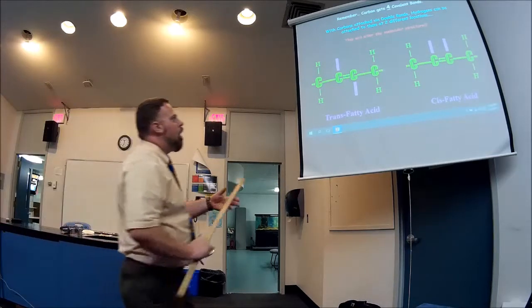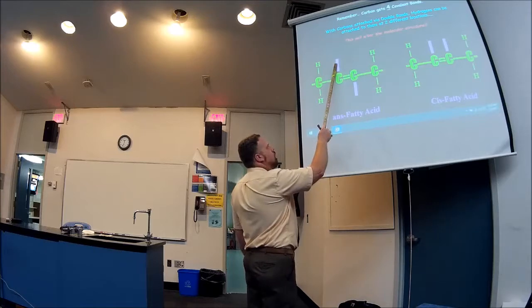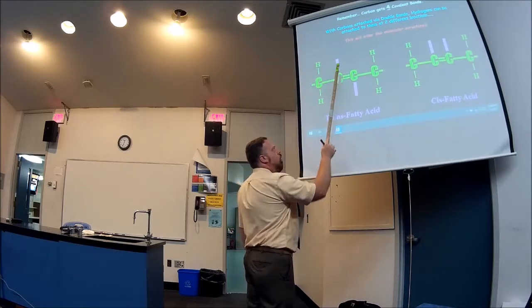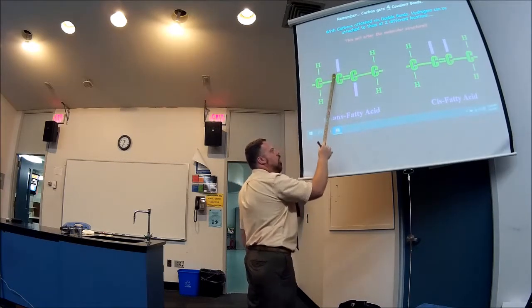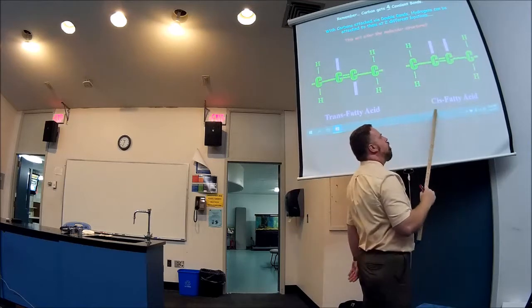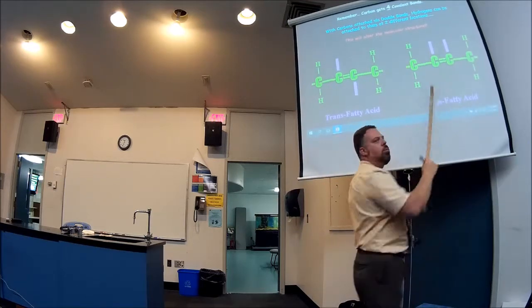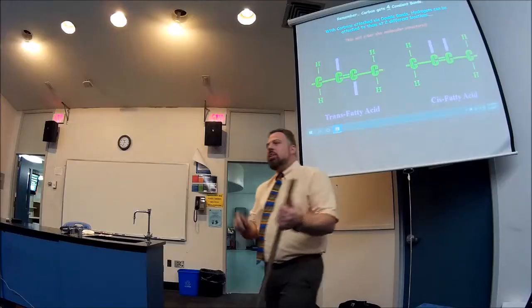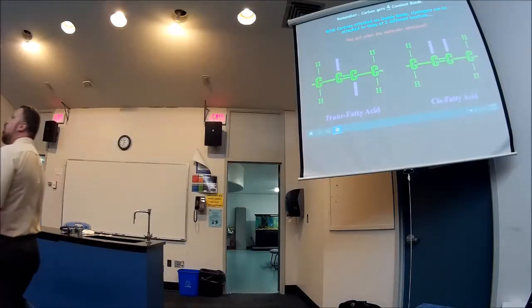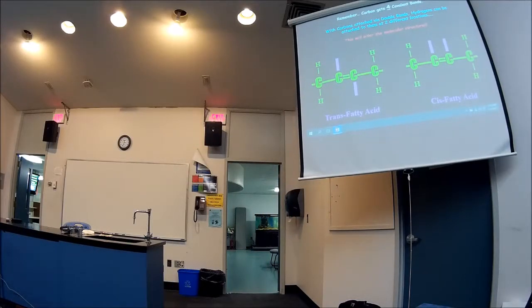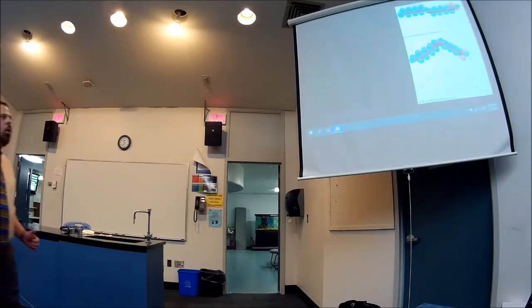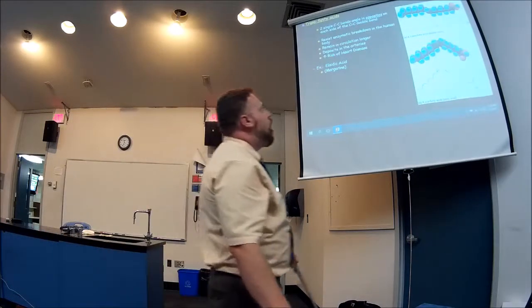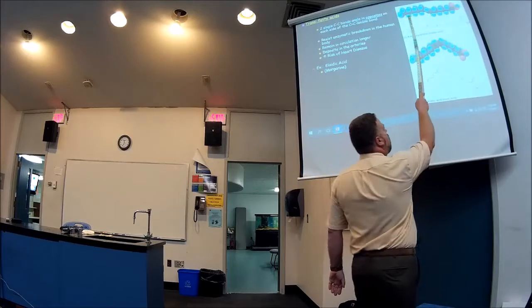Again, my mnemonic that would help is that trans is like transatlantic. It's across the Atlantic Ocean, so it's on either side. Whereas cis, think of sisters, spelled differently, but they're on the same side. But that changes it. What does it look like if you put it all together? Okay. This is a trans fatty acid.